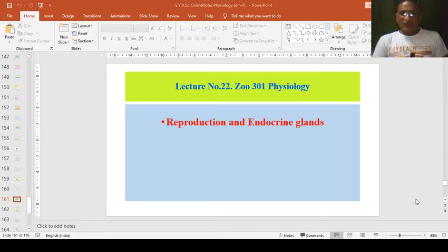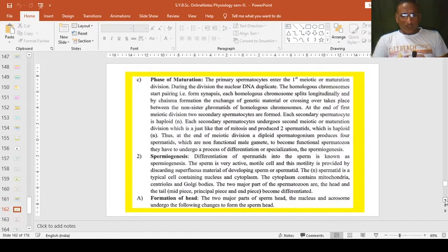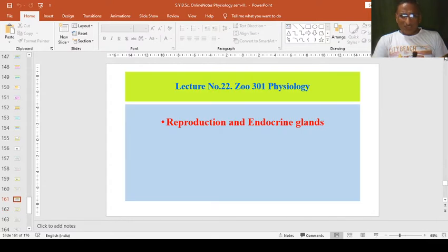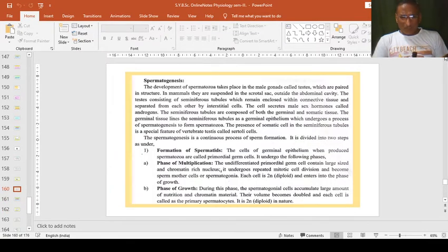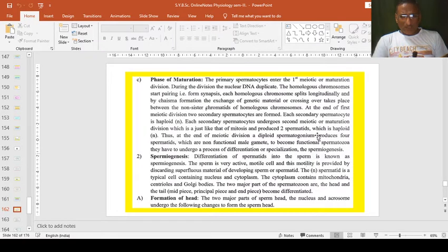During reproduction, we have seen how the sperm are formed, that is, spermatogenesis. In spermatogenesis, we have seen two phases, and among these two, the first phase has three sub-phases. Formation of spermatids is the first phase: the phase of multiplication, the phase of growth, and the phase of maturation.